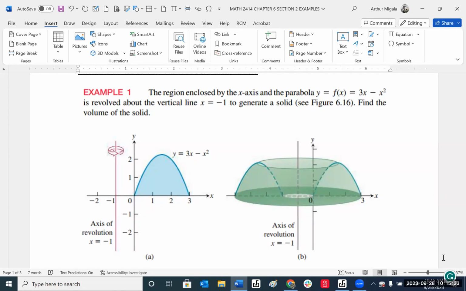Find the volume of the solid. As we can see here, what does this function, 3x minus x squared, look like? It's a parabola opening down with x-intercepts where? 0 and 3. I'll show you.